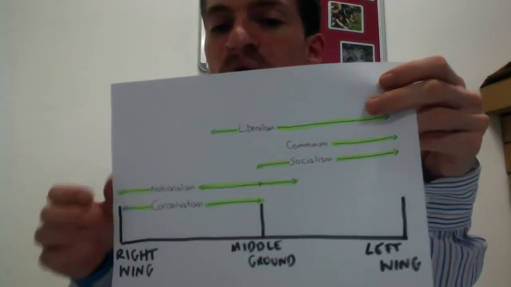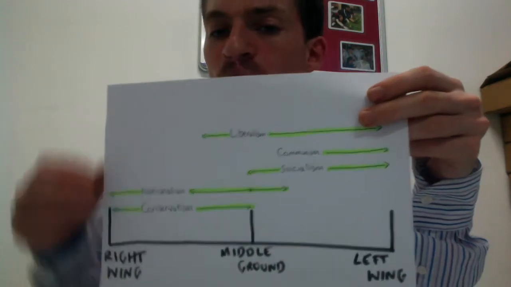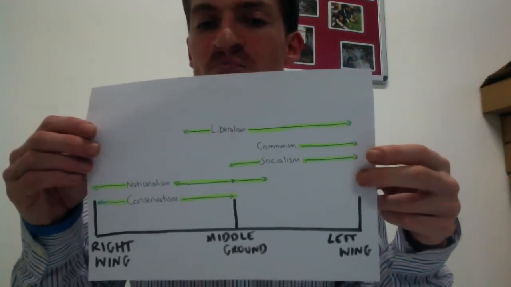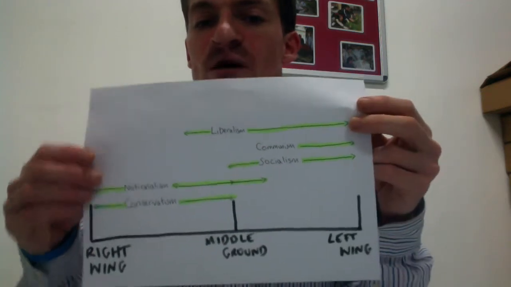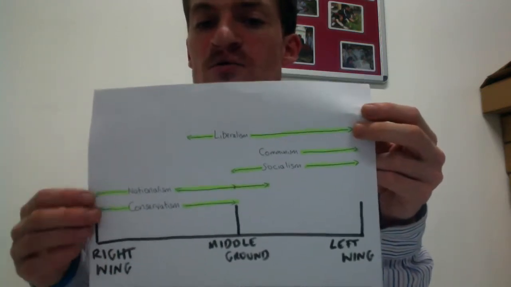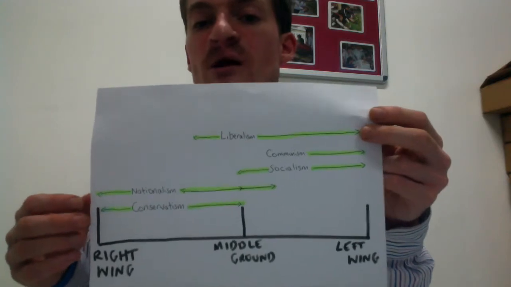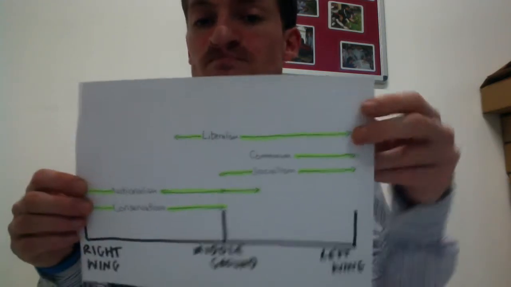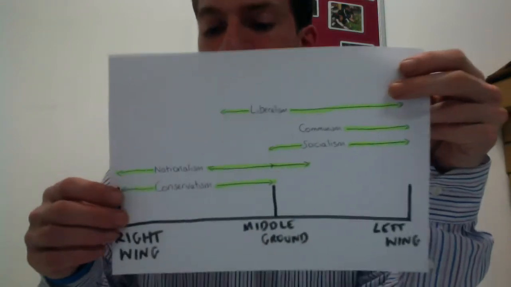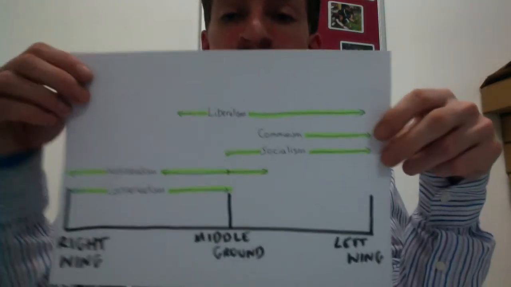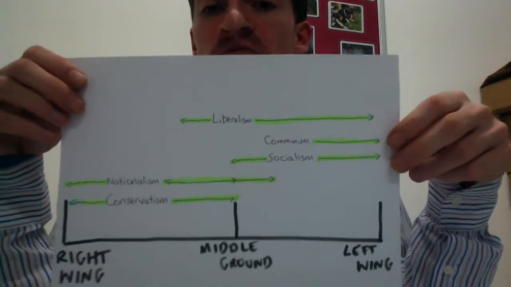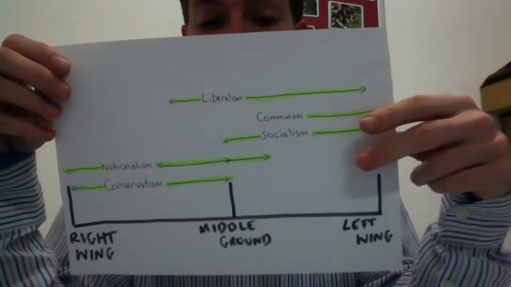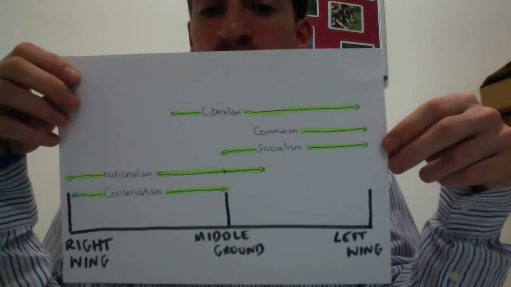It's ridiculous. So moving on, what you have is then socialism, which starts at the left wing and then moves across to the middle ground. So socialism and conservatism are kind of the opposite ends of each other, but they will meet in the middle. Then you have communism, which is basically very left-wing if you follow it to an extreme point of view, and does not go beyond the middle ground at all, doesn't even get there.